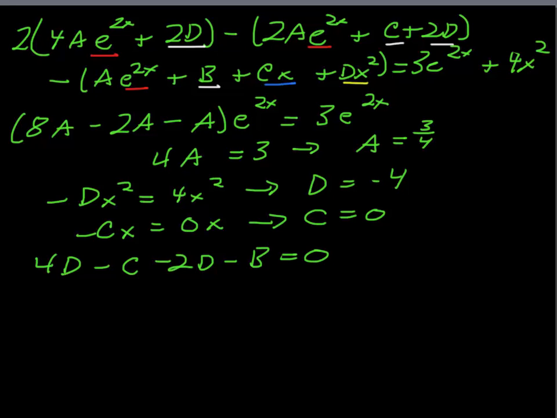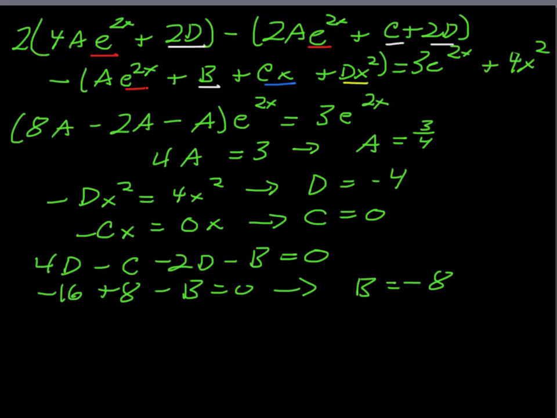Well, we can put some of the stuff we already know in. D is negative 4, so this is going to be negative 16. C is 0. Negative 16 plus 8 minus b is equal to 0. So this means that b is equal to negative 8, I do believe.